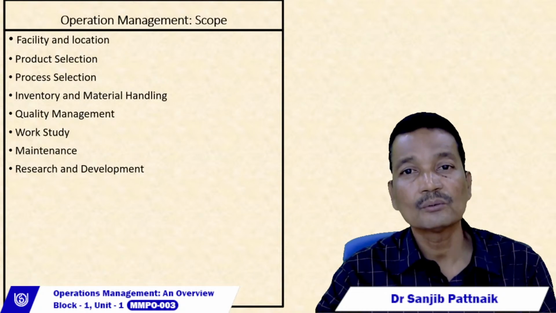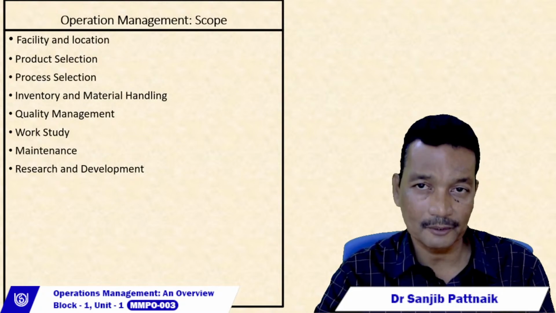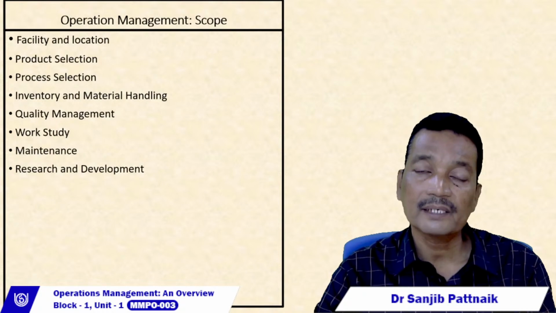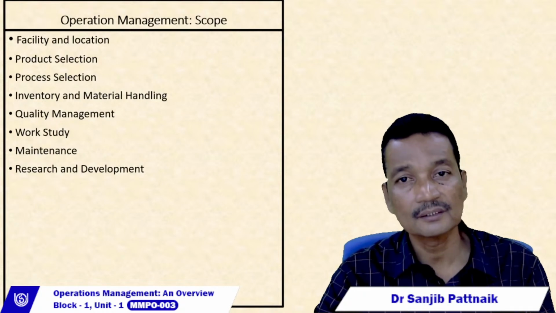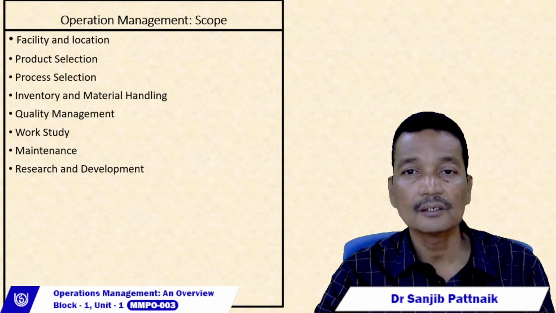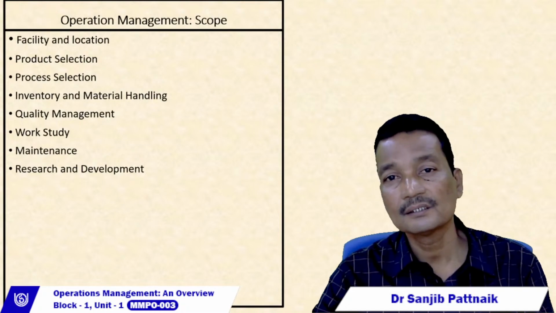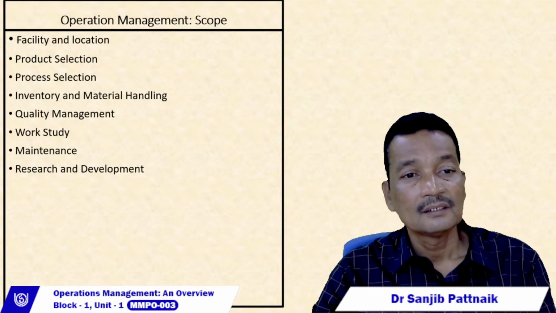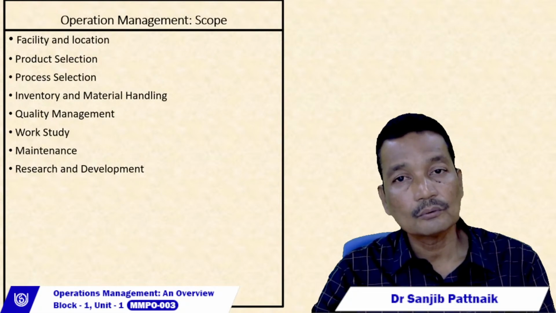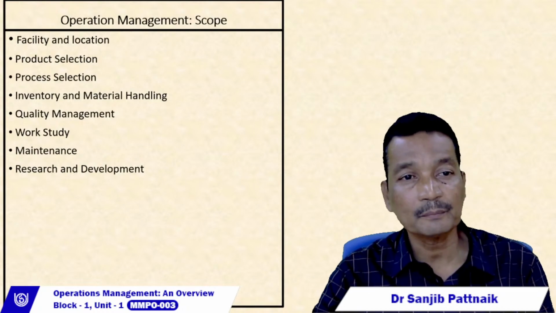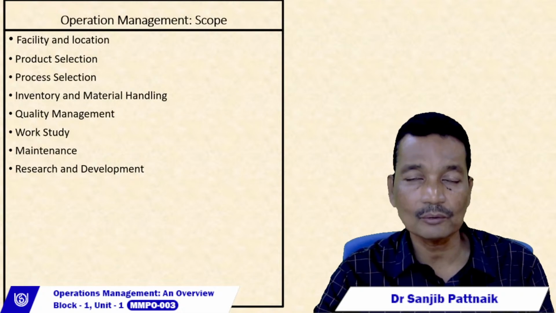That means the items which are still in the pipeline of the production, yet to be completed. We can also have finished goods which are ready for sales or to be moved to various shop counters for customers to purchase. So, inventory management is one of the important aspects or scopes where operation management plays a vital role.